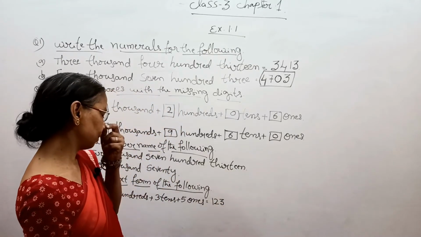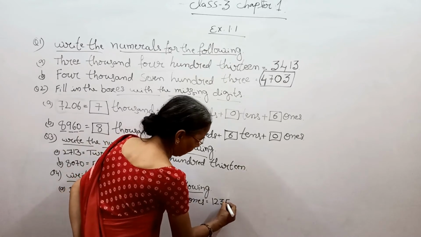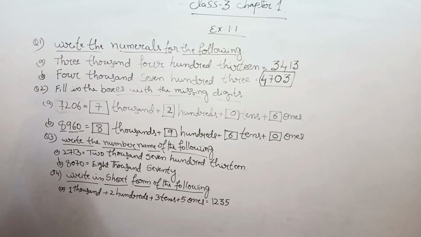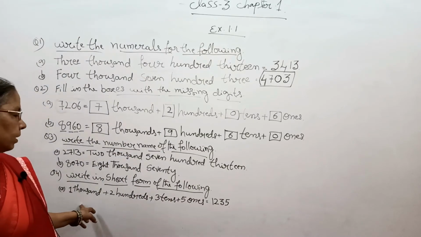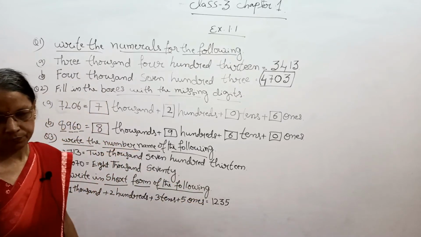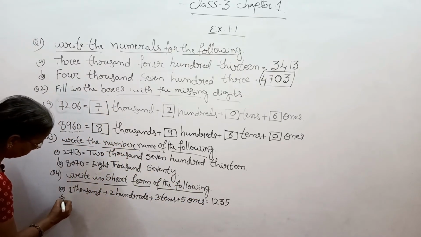Then again in the ones place we have 5, तो हमें 5 लिखना है. तो like this we have to write 1235.